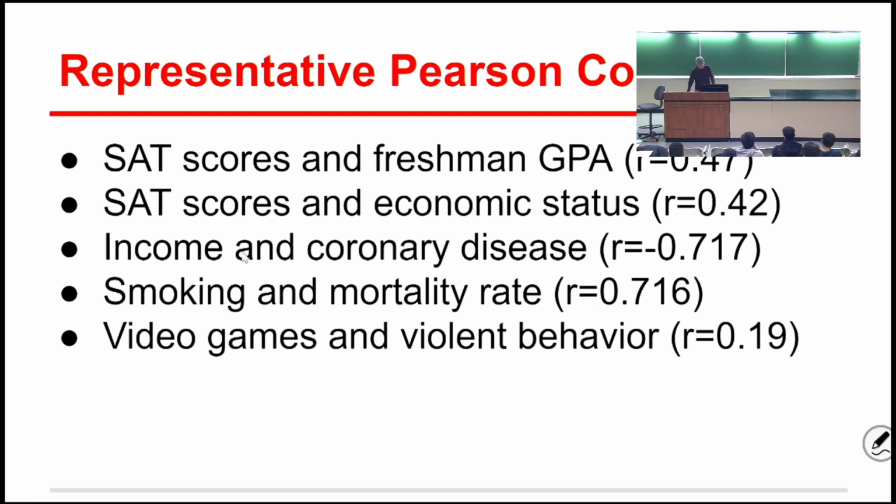And so that's what I think this is correlating. But what does a correlation of negative 0.7 mean? It's negative, so that means what? That means that the richer a county is, what happens to its coronary disease? It goes down. Why is that?